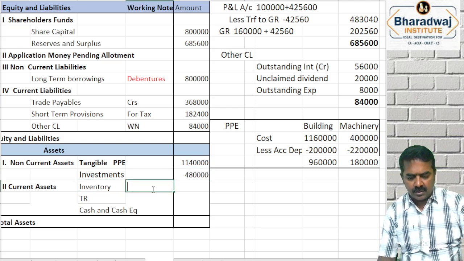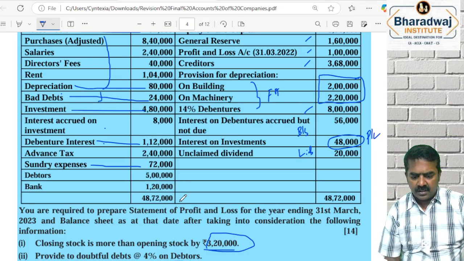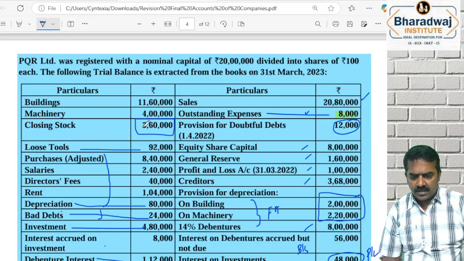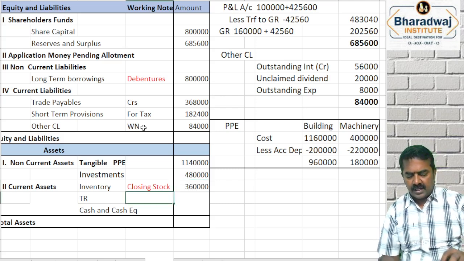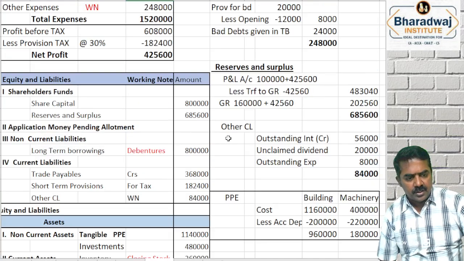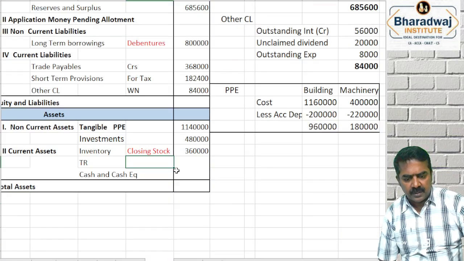Inventory is nothing but the closing stock. What is the closing stock given in the trial balance? 3,60,000. Trade receivables minus provision for bad debts.